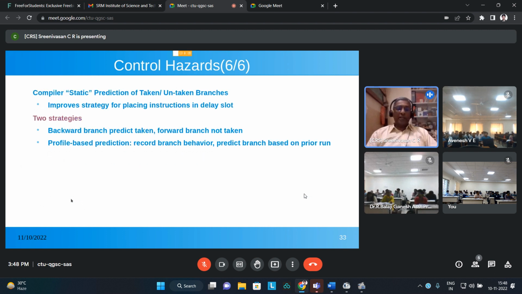So compiler static prediction, either you take or you don't take branches, improves the strategy for placing instructions in the delay slot, right? So backward branch prediction and profile based prediction. These two strategies we can talk about from a programming language perspective for many hours. Probably you can refer to some books to get more details about these areas.